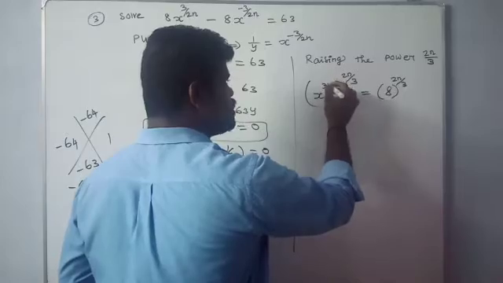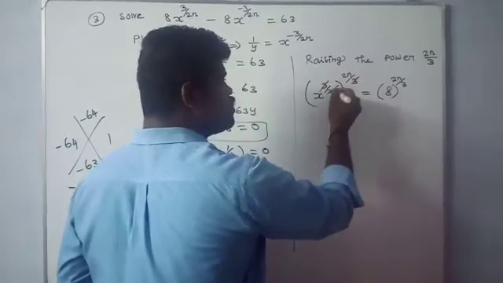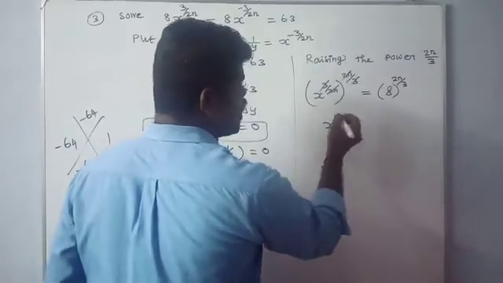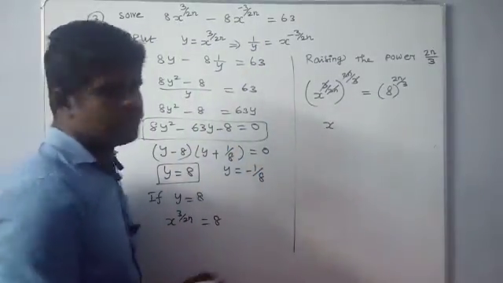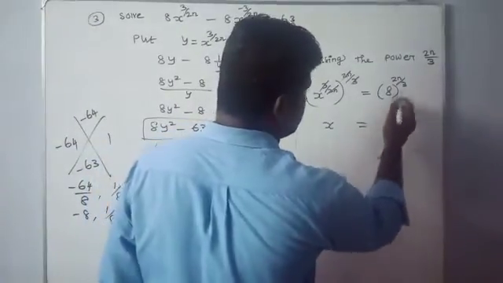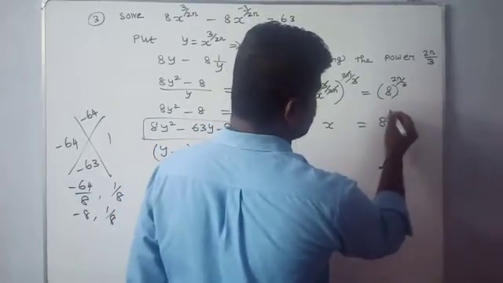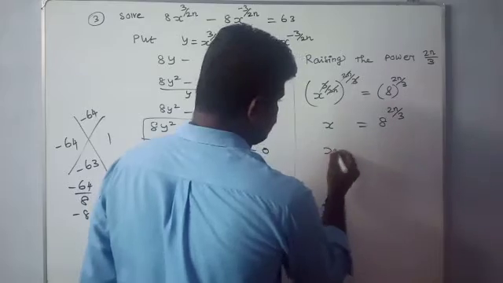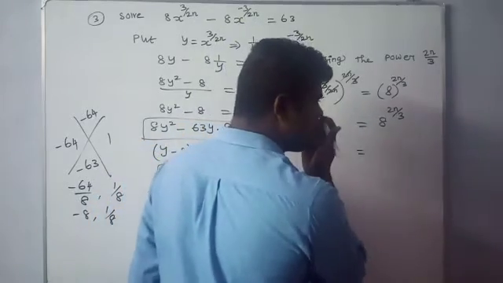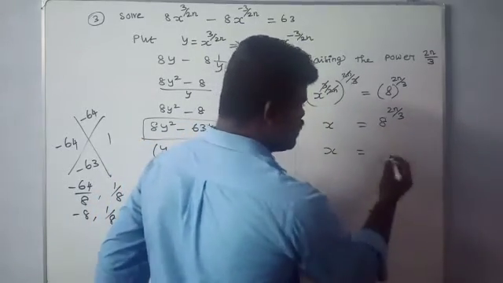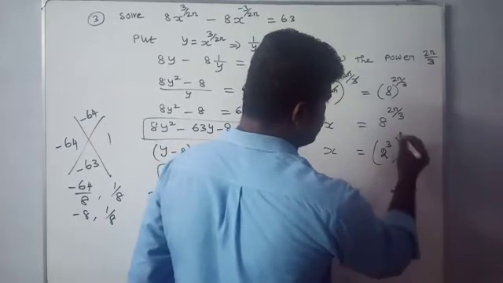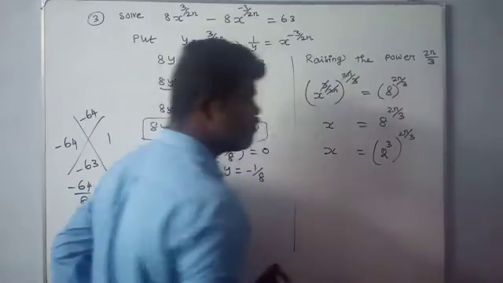Here cancel these 3 and these 3 and this 2n and this 2n. What is the value here? x power 1. x power 1 means x, which is equal to 8 power 2n by 3. Now x is equal to, first of all, the 8 can be written as 2 cube and the whole power 2n by 3.